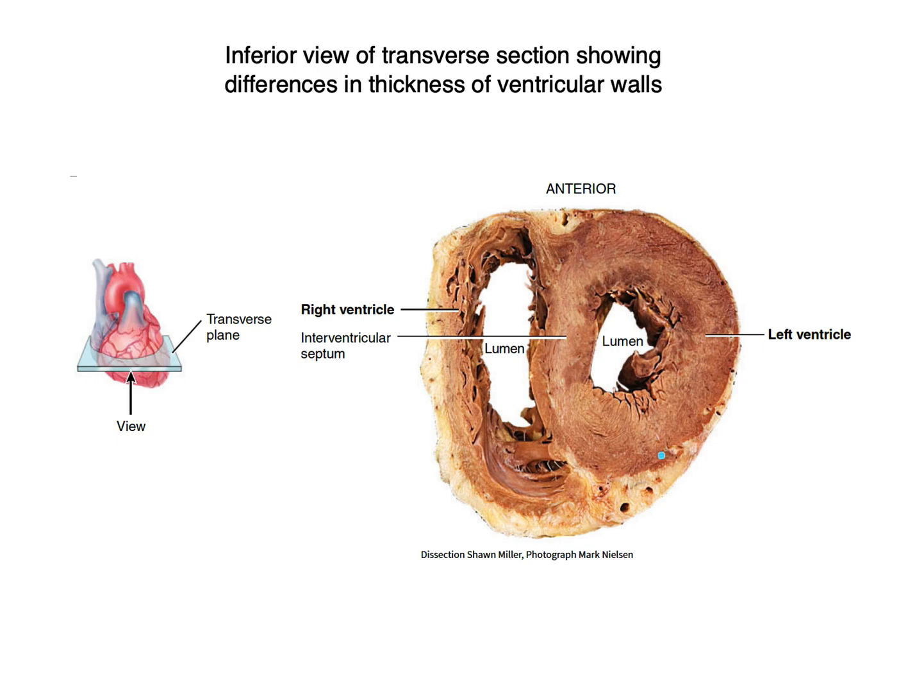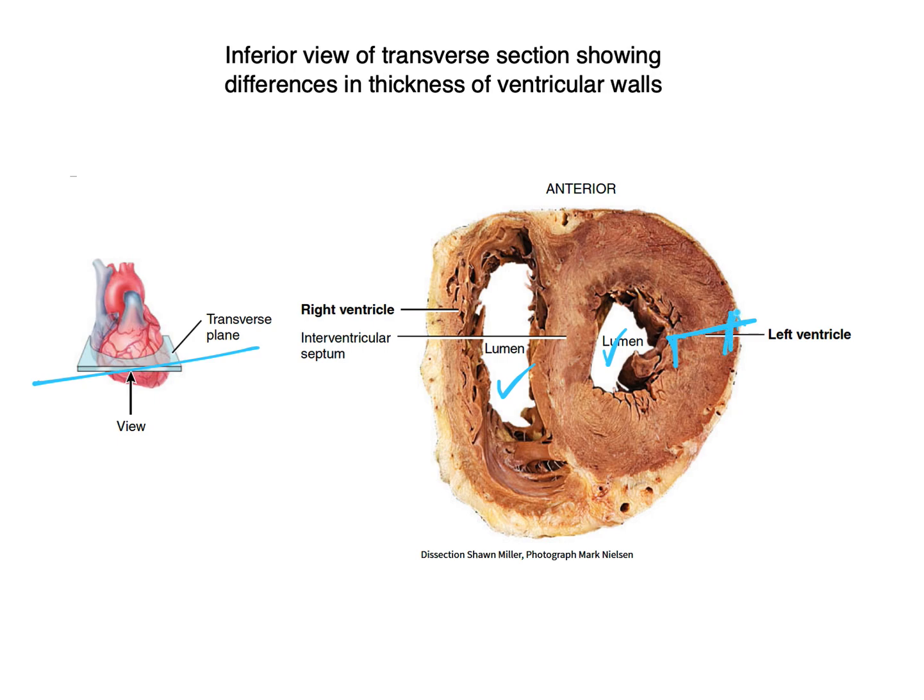Now this is a transverse cross section through the heart to show the lumen of the right ventricle and left ventricle, and to compare the thickness of the left ventricle.